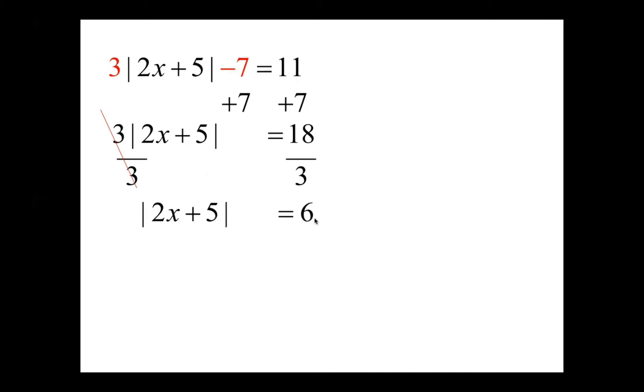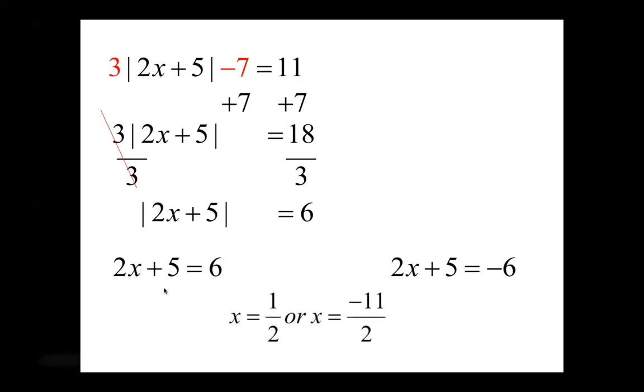And now this looks exactly like the previous problems we've been doing, where we've been creating two equations that disregard the absolute value. So we have 2x plus 5 equals 6, and then 2x plus 5 equals negative 6. And now you can go ahead and carry out your inverse operations. Subtract both sides by 5.